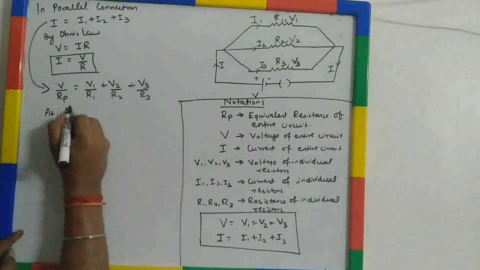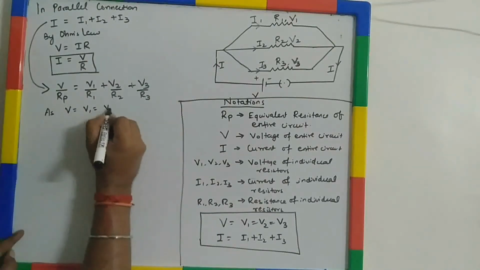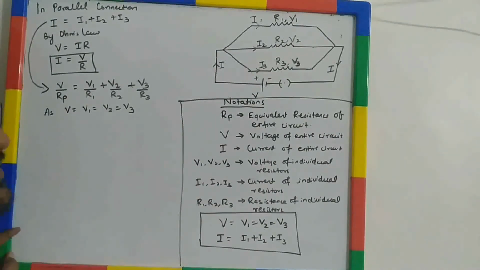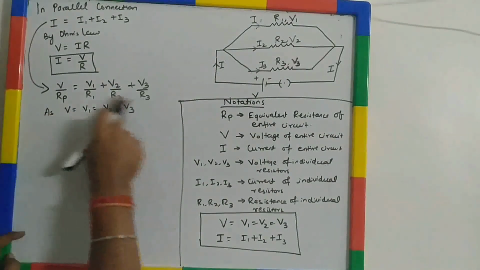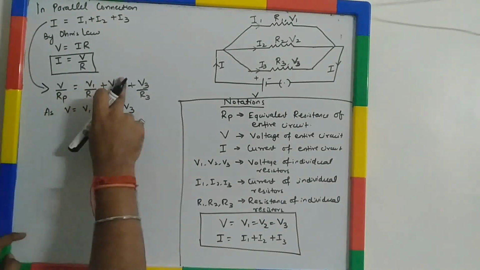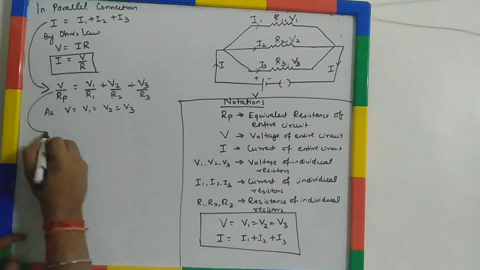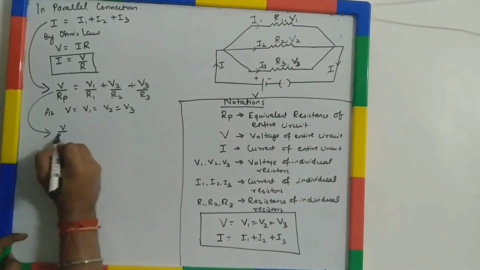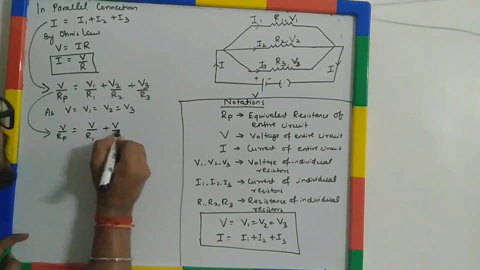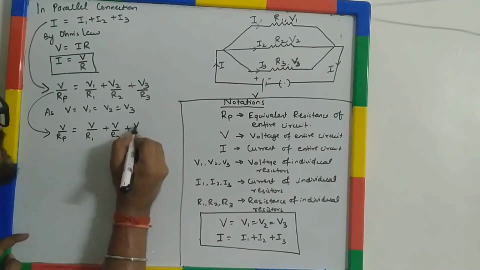As V is equal to V1 is equal to V2 is equal to V3, which was one of the conditions for this derivation, by using this condition, we will insert V in place of V1, V2 and V3. By inserting this, we get V upon Rp is equal to V upon R1 plus V upon R2 plus V upon R3.